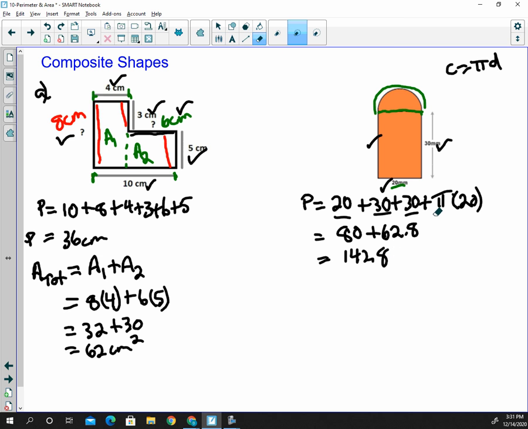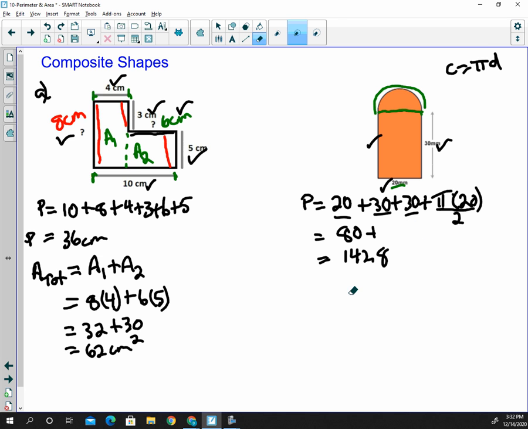This was 62.8, and we really wanted to divide that by 2. So let's fix that up. This is the entire circumference of the circle. Let's take that and divide it by 2. And so when I take that 62.8 and divide by 2, we actually get 31.4. So we'll tidy this up.